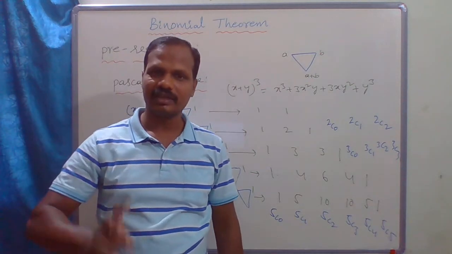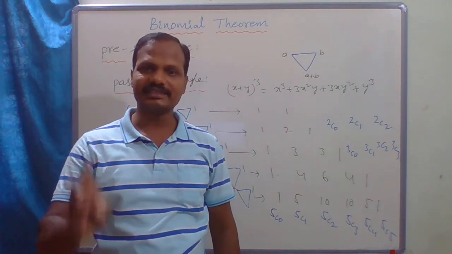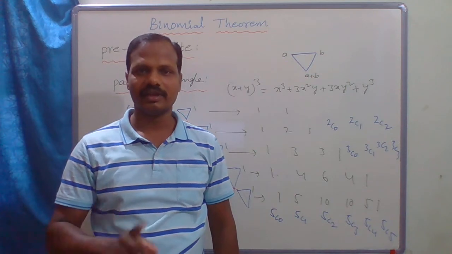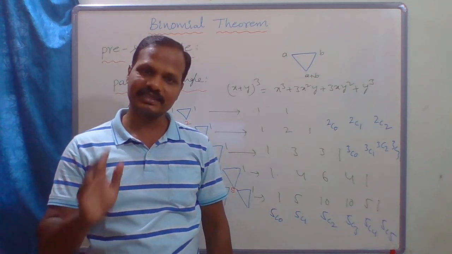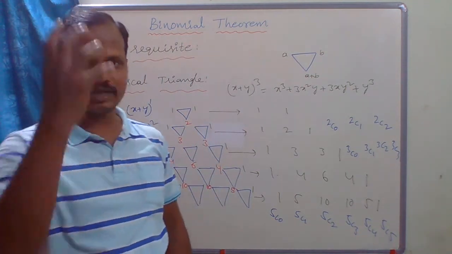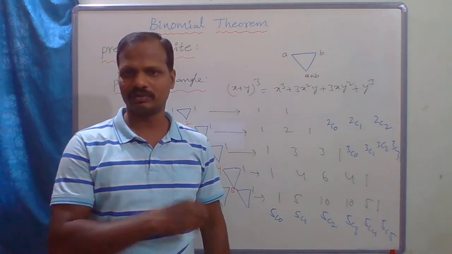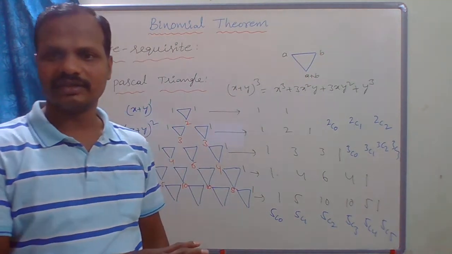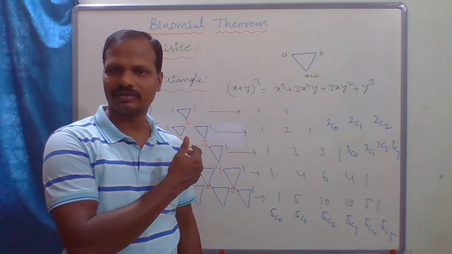So nC0 is 1, nC1 is n, nCn is 1, nCr equals nC(n minus r). Those are all the points we discussed in the prerequisite on nCr.